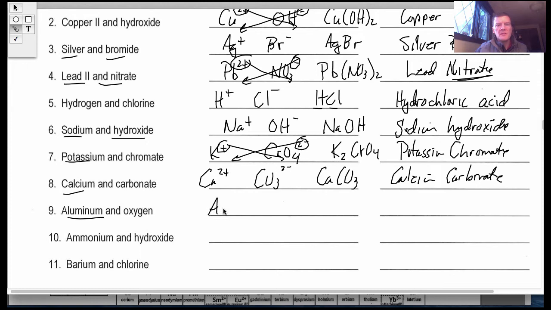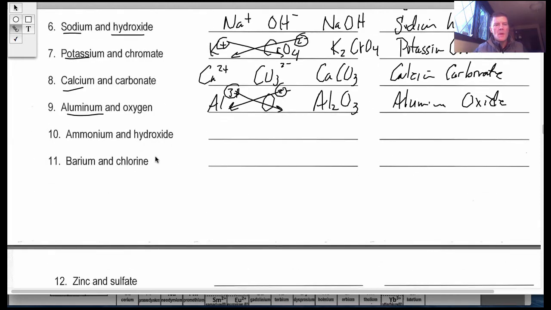Aluminum is a +3, oxygen is a -2. So you need 3 oxygens, 2 aluminums. And this is aluminum oxide. Ammonium is the NH4 plus, and hydroxide is the OH negative.